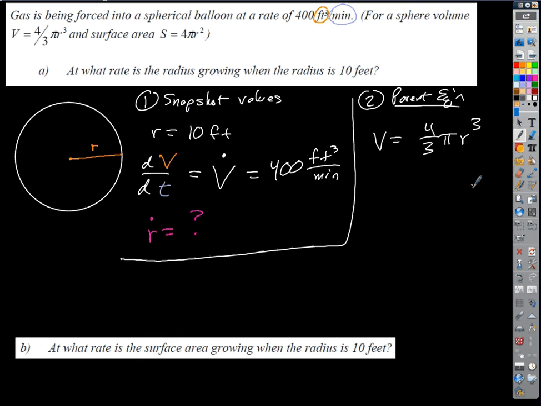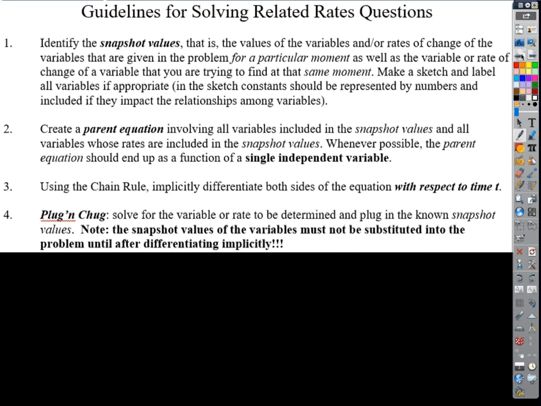When I differentiate r cubed with respect to t, I'm going to get 3r squared times dr/dt, so an r dot. That's what's going to link together these rates that we started off with. So step 3 is always going to be: use the chain rule to implicitly differentiate with respect to t.